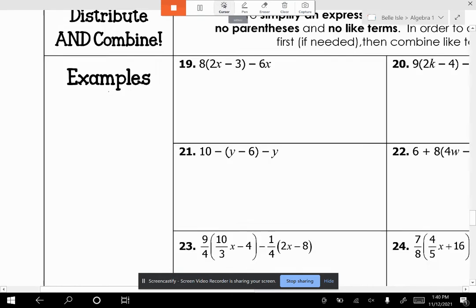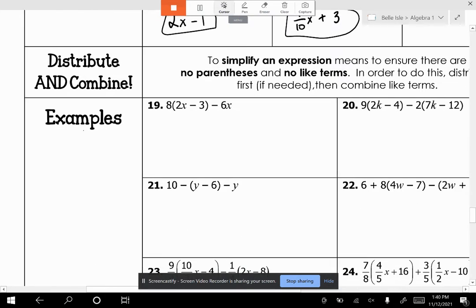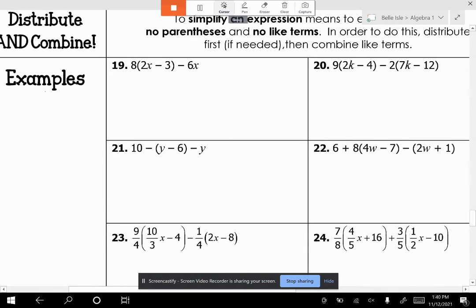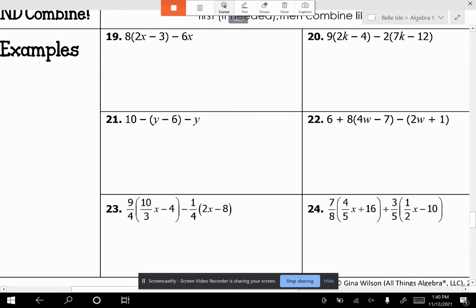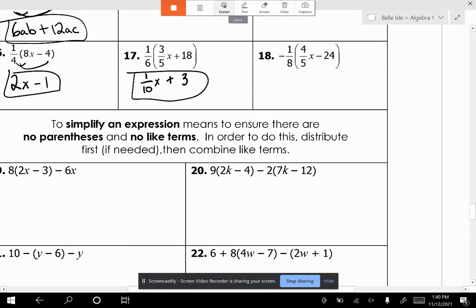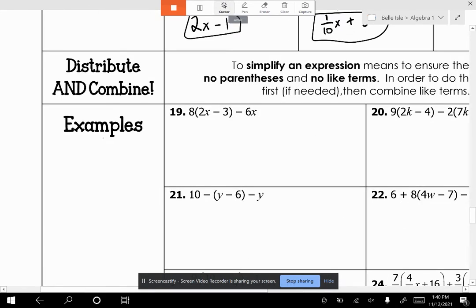Okay. So now this bottom part. She will listen to these notes. Okay. Number 19.